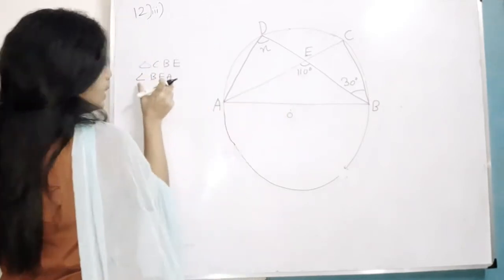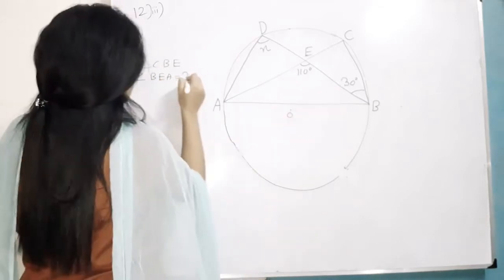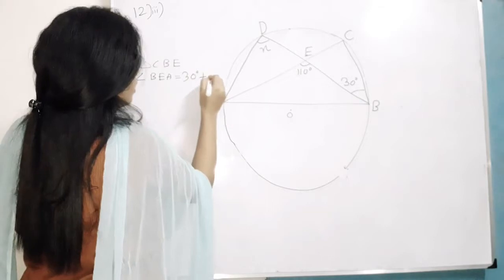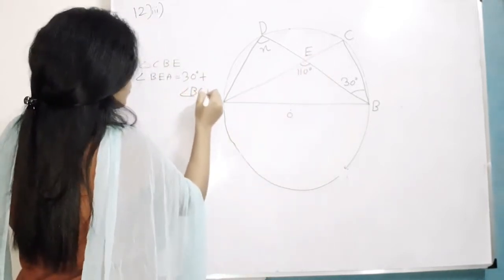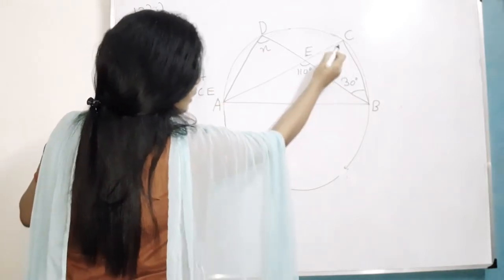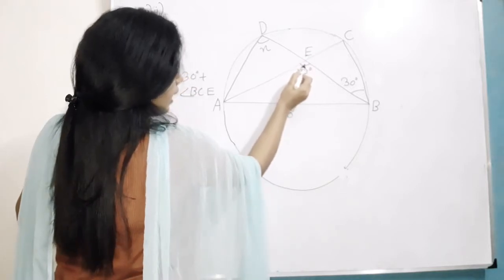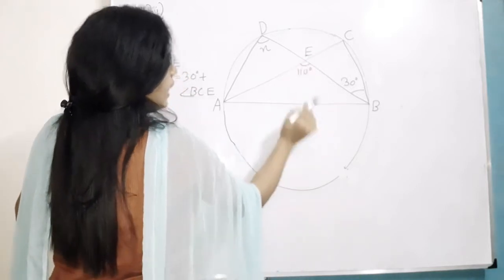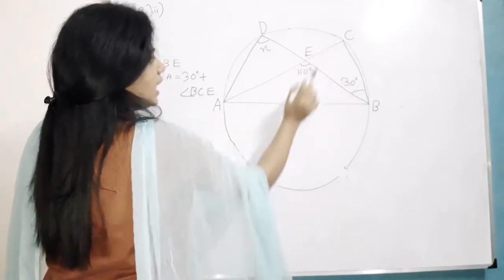So we can say that angle BEA equals 30 plus angle BCE, because if I take this triangle, these are the interior opposite angles and this one is the exterior angle, because we know that the exterior angle is equal to the sum of the interior opposite angles.